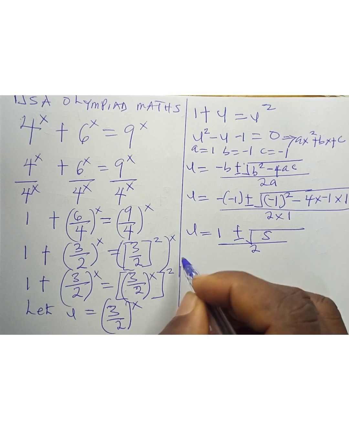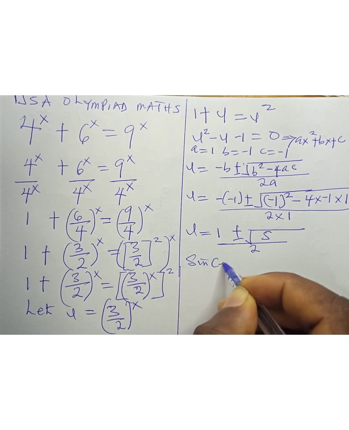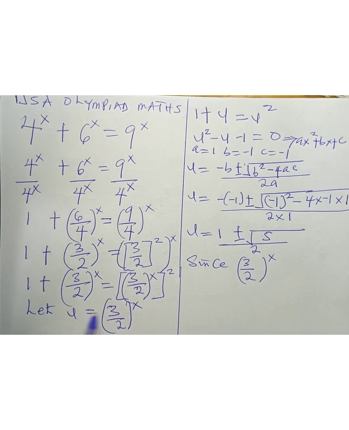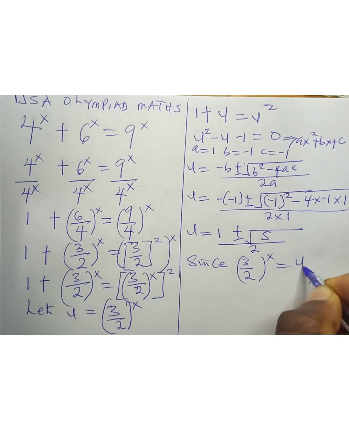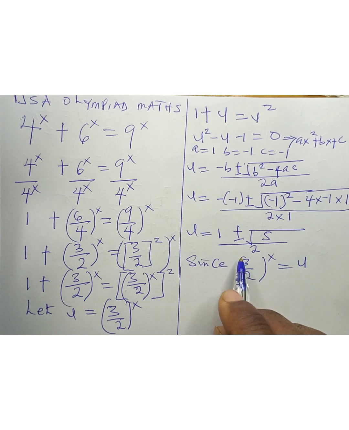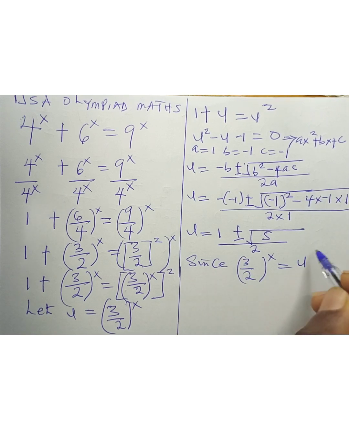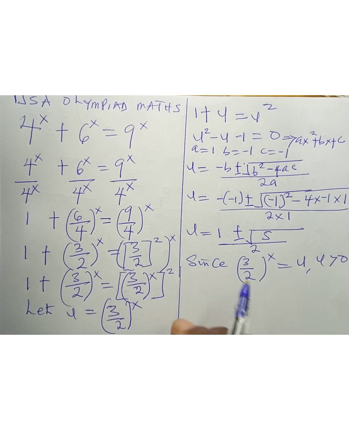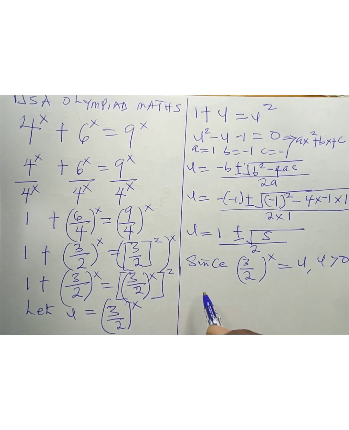But we already said that 3 over 2 raised to power x equals u, and u is the value which we got. Since u is greater than 0, we are going to accept the positive value for u.